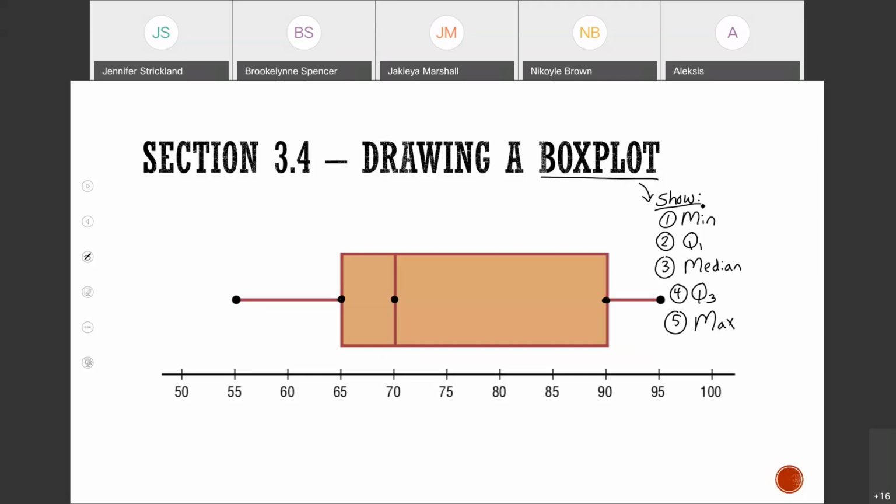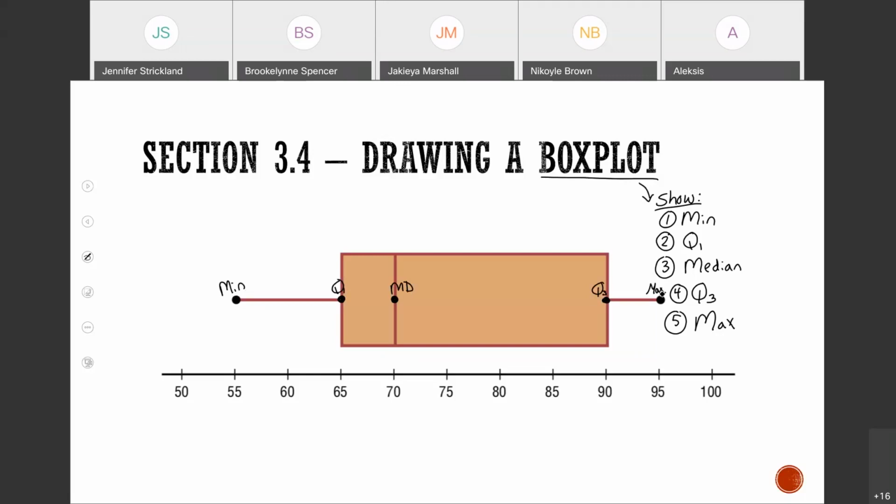And they go in order for the black dots that I drew on the graph. Again, you don't have to draw this graph, but just look at it. This is your minimum, this is your Q1, this is your median, this is Q3, this is your maximum.